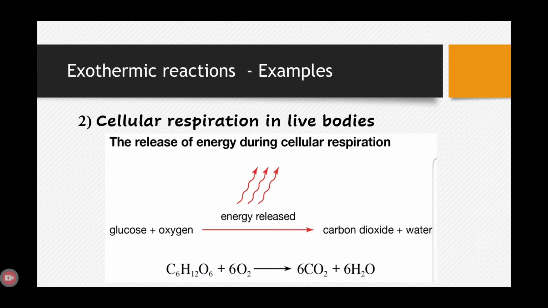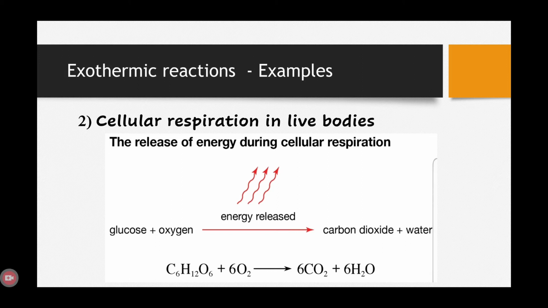Other exothermic reactions, for example, cellular respiration in living bodies, in all our cells, in humans, animals, and also in plants or microorganisms. There is a process, metabolism. In cells, the main metabolic reaction is cellular respiration.